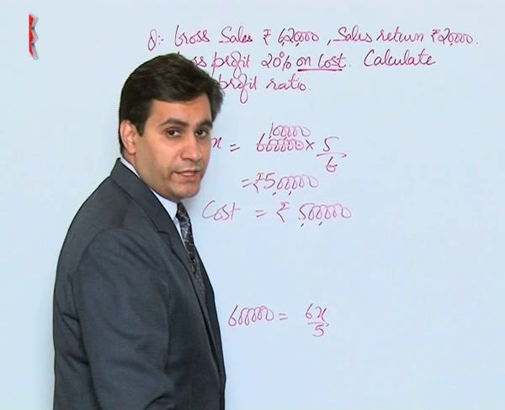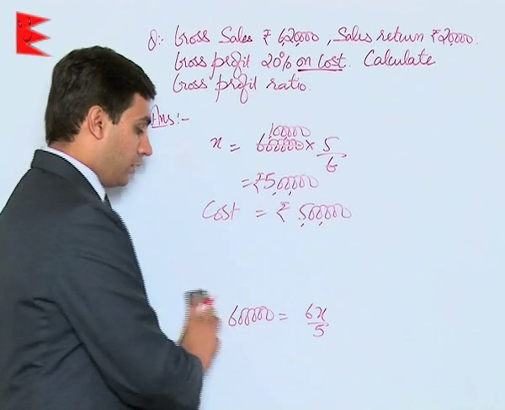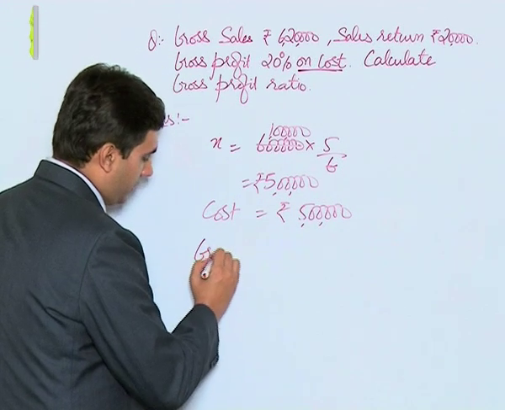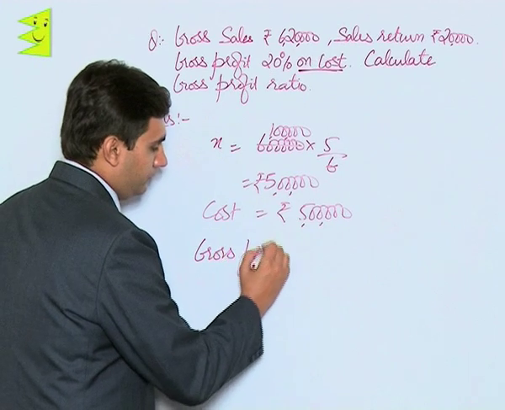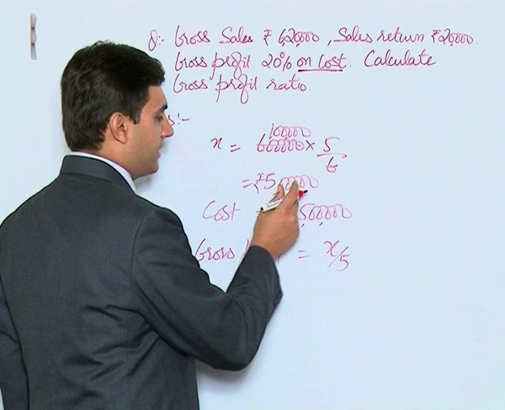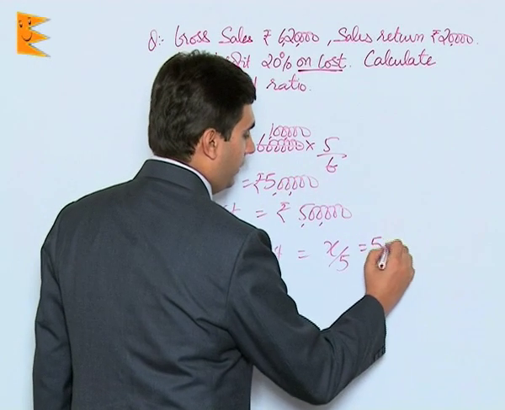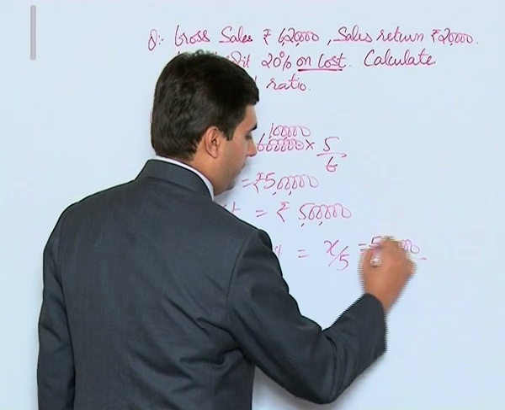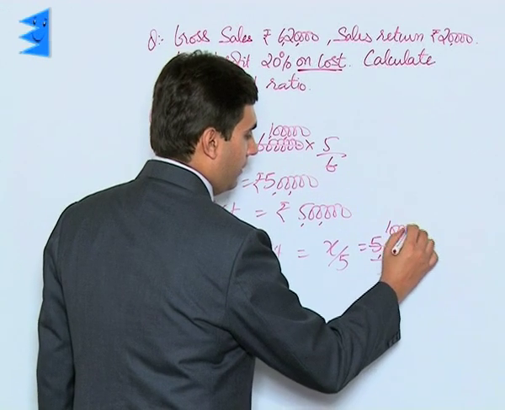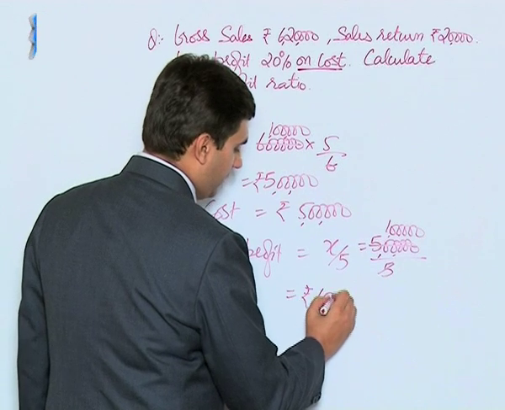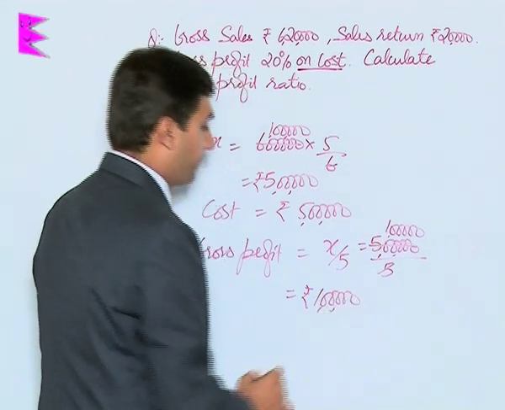Once we have calculated the cost, we can calculate gross profit as well, as gross profit was X by 5 and X is rupees 5 lakh, that is 5 lakh divided by 5, it comes to rupees 1 lakh. So gross profit is 1 lakh.